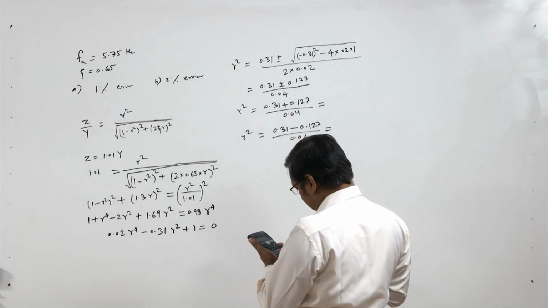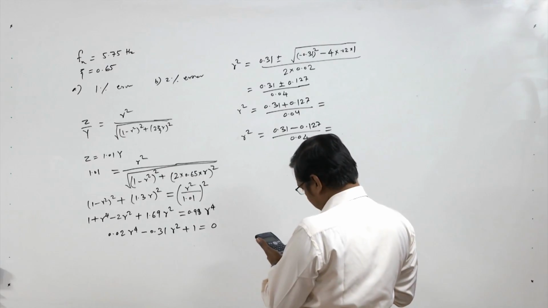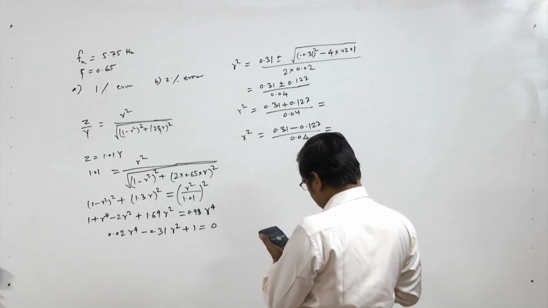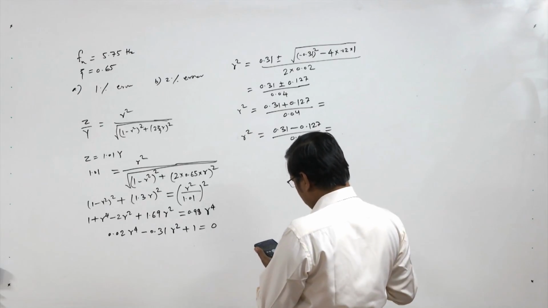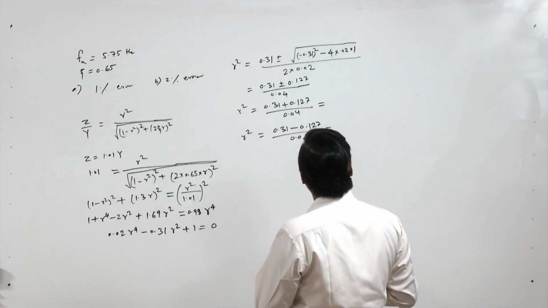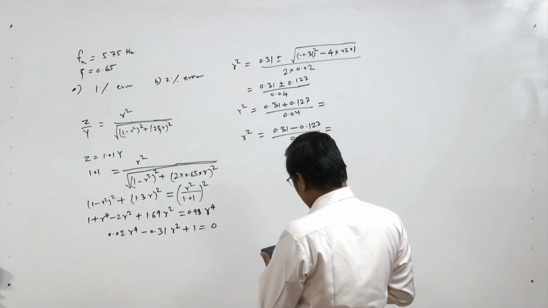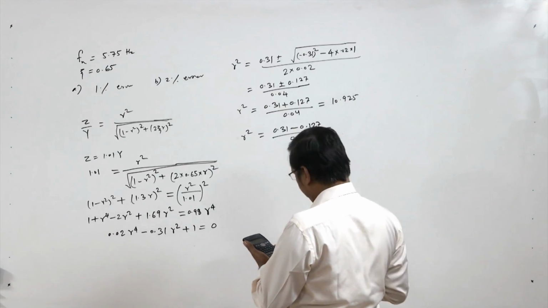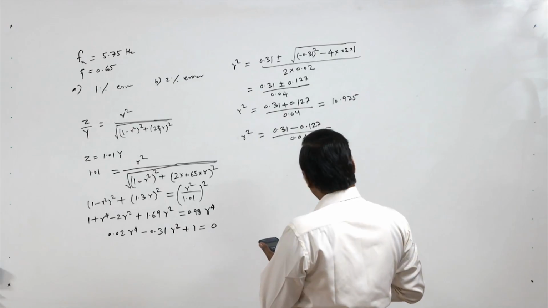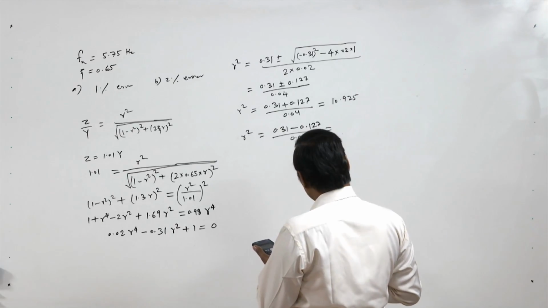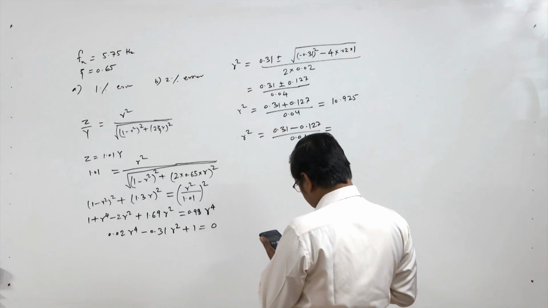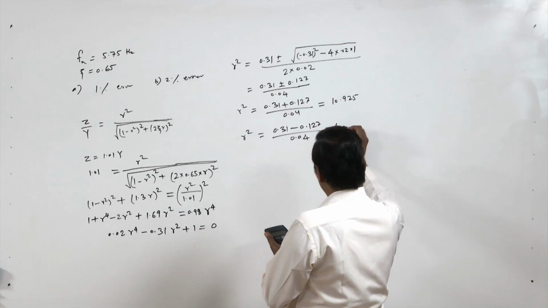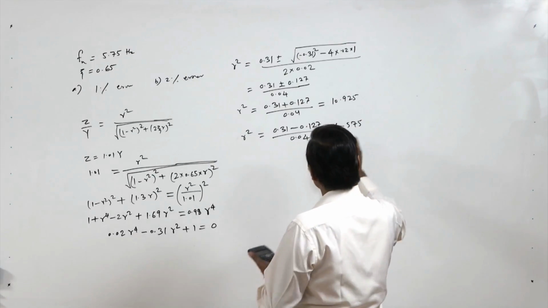So we are getting 0.31 plus 0.127, so it is 10.925, and 0.31 minus 0.127, it is 4.575.